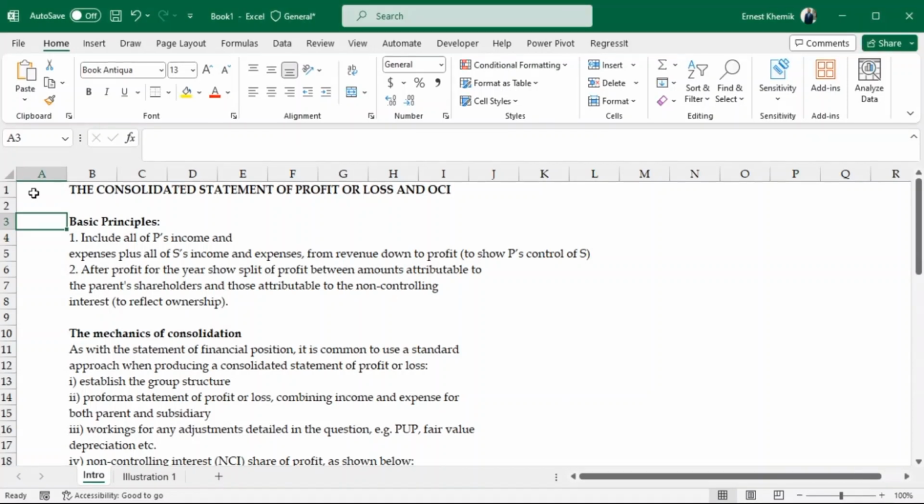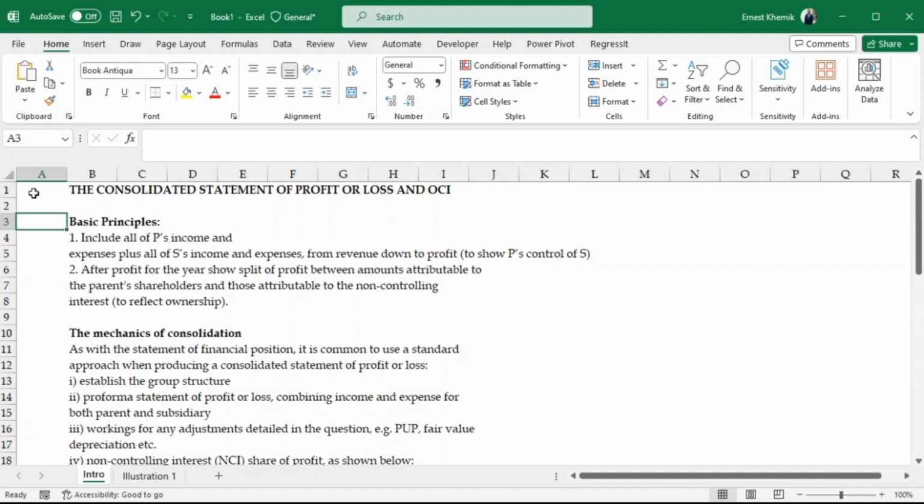And then secondly, after calculating the profit for the year, we will show a split of the profit between the amounts attributable to the parent's shareholders and those attributable to the non-controlling interest. The purpose for doing this is to reflect the ownership position. We know that these are the owners and these are the non-controlling interests.